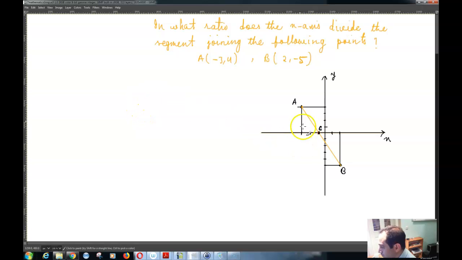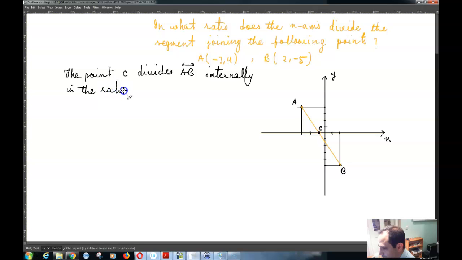So basically what I can say is that the point C divides the line segment AB internally in the ratio m to n, for example.